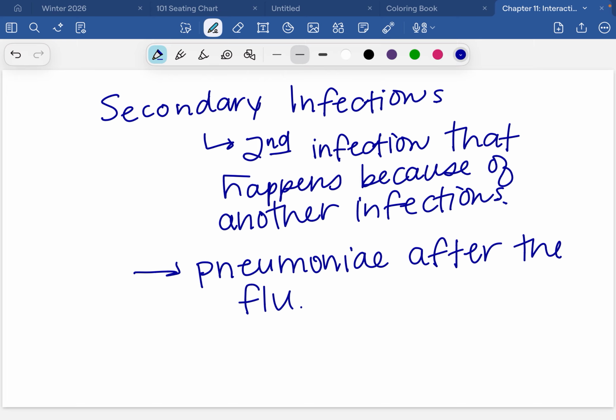There were a lot of people who got COVID who then, after they got better, had heart infections or lung infections or blood infections. A lot of times those secondary infections can be the most dangerous.